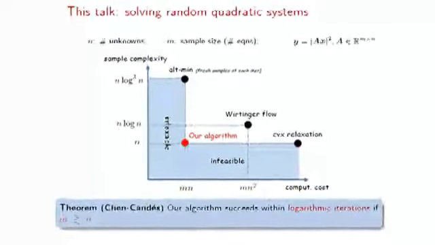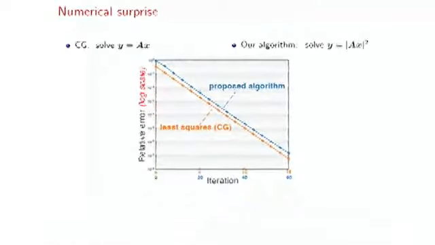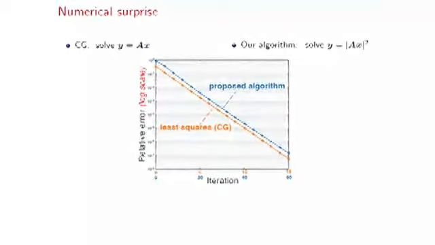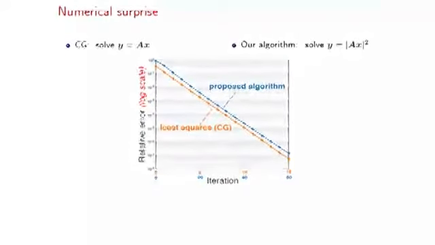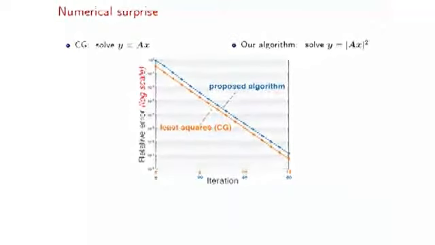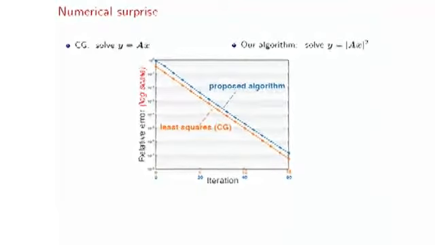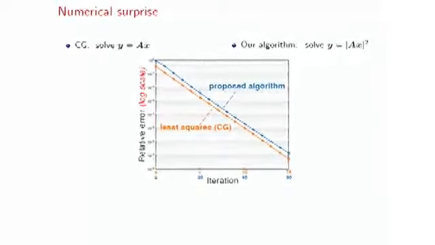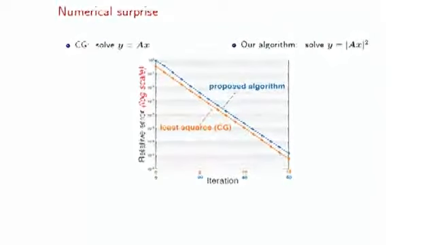In order to show this, let me show you some numerical plots. To make a comparison, let me compare the performance of the proposed algorithm to a baseline. We choose a strictly easier baseline, which is solving a least square problem of the same size, using one of the most popular algorithms, which is conjugate gradient.